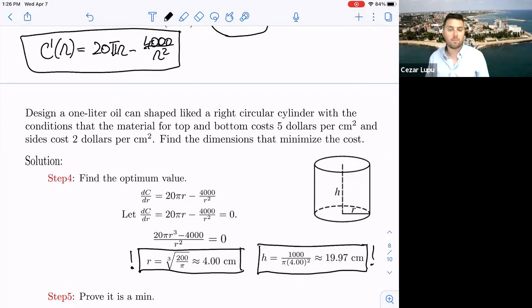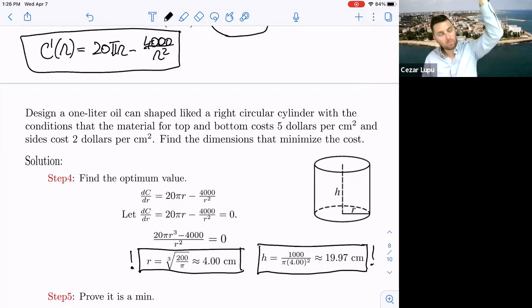Imagine graphically. What do you want to happen in terms of the derivative for something to be a minimum? For values of r less than 4, let's say, the derivative should be negative, right? So the function should be decreasing.